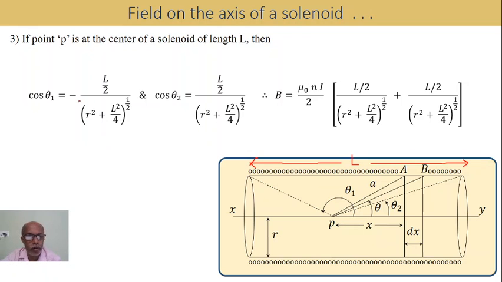Cos theta 1 will be equal to adjacent by hypotenuse. If P is at the center, then this distance will be equal to L by 2. Adjacent is L by 2, divided by the hypotenuse.